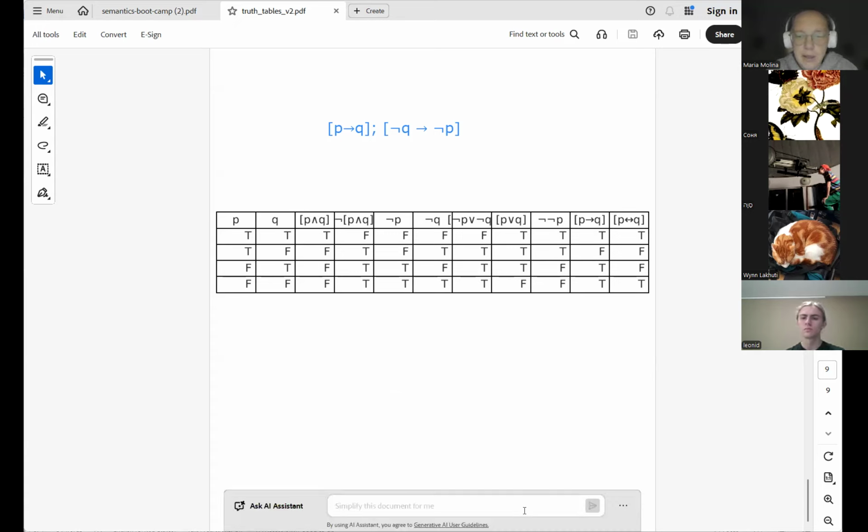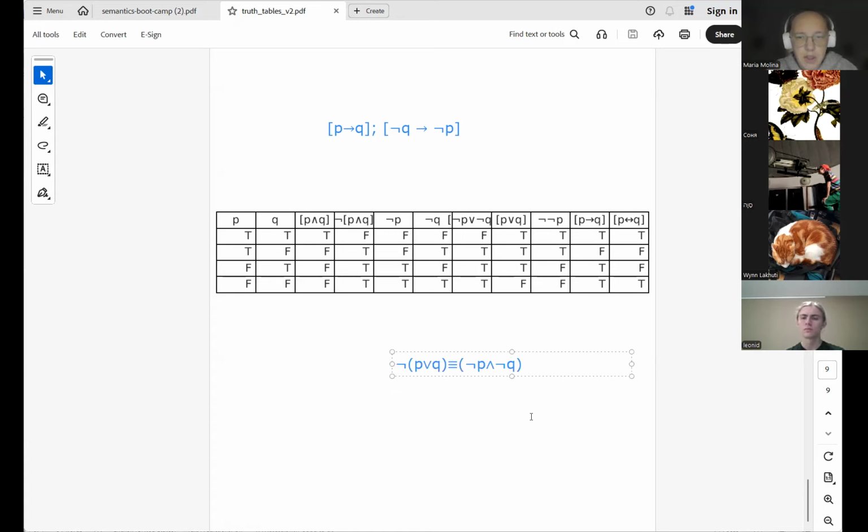And negation of a disjunction is this. These are the two De Morgan's laws.